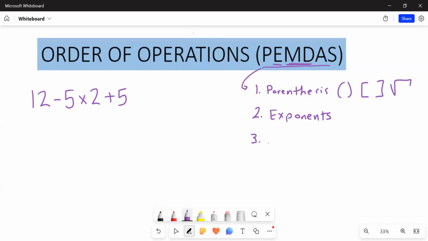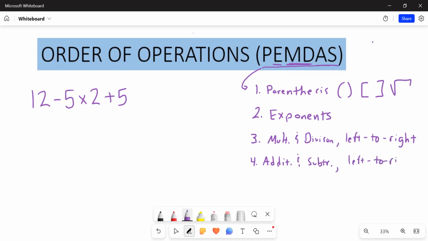We have multiplication and division. And if it's on a line, you're going to go left to right. Normally, we try to avoid that by writing a good expression. And lastly, AS represents addition and subtraction, also left to right.